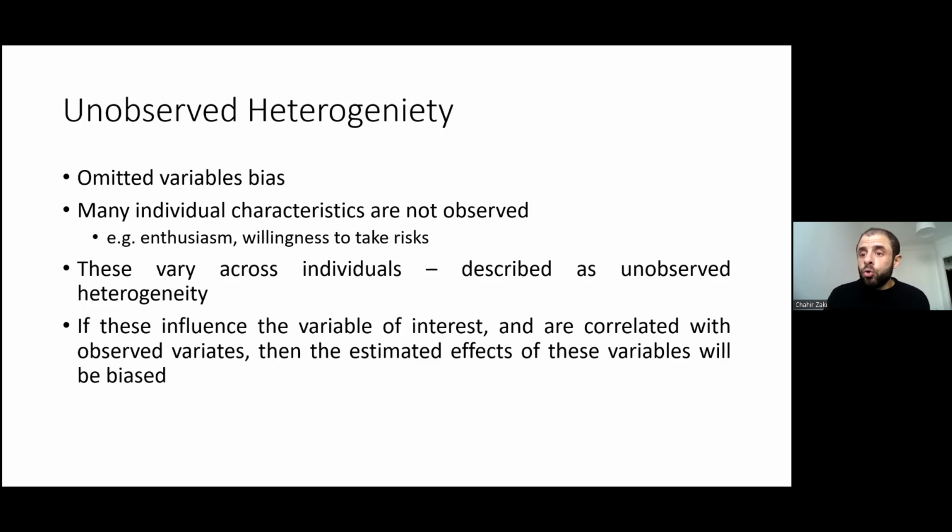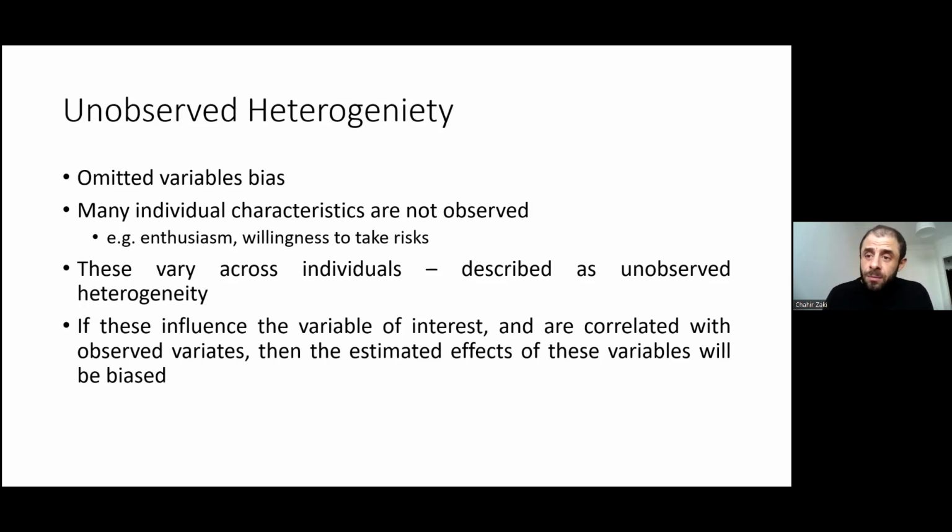And this can include the enthusiasm, the intelligence, the emotional intelligence, the sociability, a lot of things that can characterize each individual and cannot be explicitly or properly measured. That's why it can lead to a heterogeneity that is unobserved, because I cannot observe it.